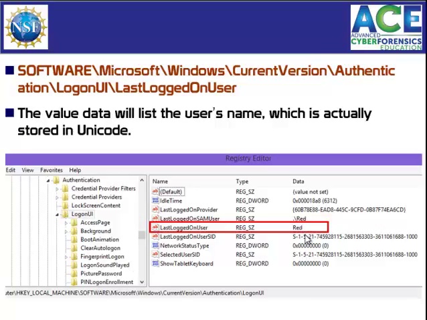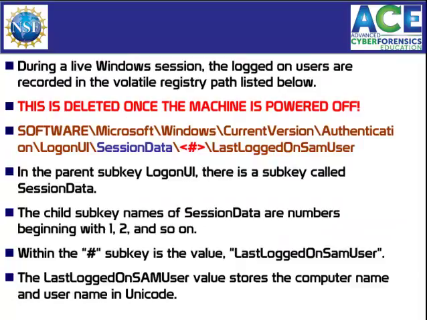This value will exist on a live machine. But when this machine is turned off and the user is no longer logged in, this is deleted once the machine is no longer powered on. So you'll have to grab this information from a live running machine if this is relevant to your investigation.